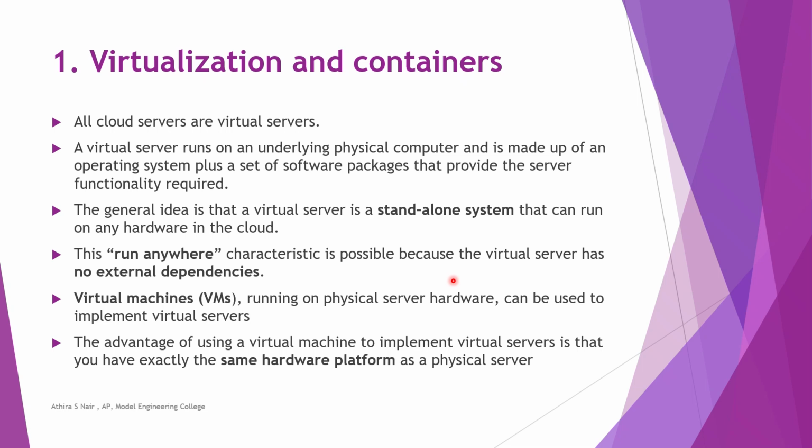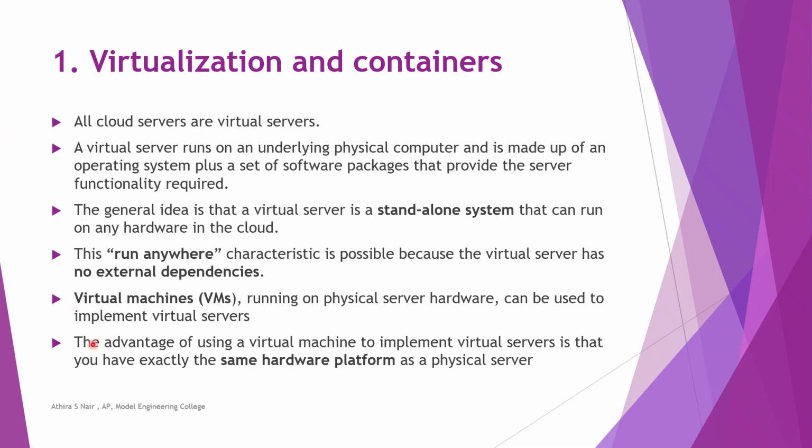You load all the software that you need, so you are not relying on software being made available by someone else. Virtual machines running on physical server hardware can be used to implement virtual servers. The details are complex, but you can think of the hypervisor as providing a hardware emulation that simulates the operation of underlying hardware.